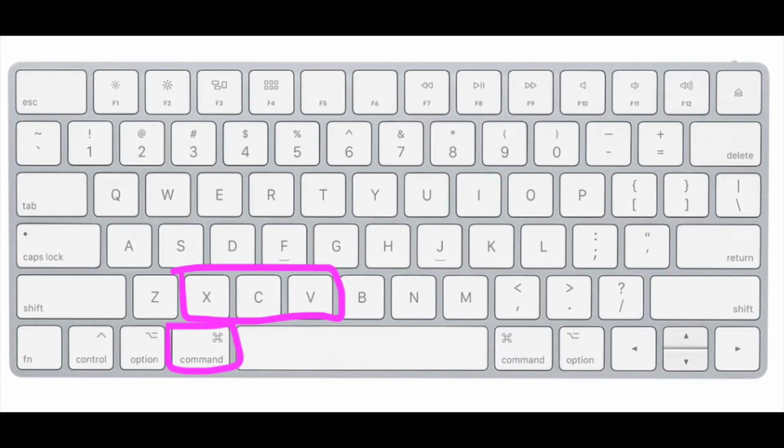First, I wanna show you some shortcuts and also how to do a screen recording. If you want to do anything on your Mac, like copy, cut, or paste, you always hit the command button. You press command and then C for copy, command X for cut, and command V for paste.